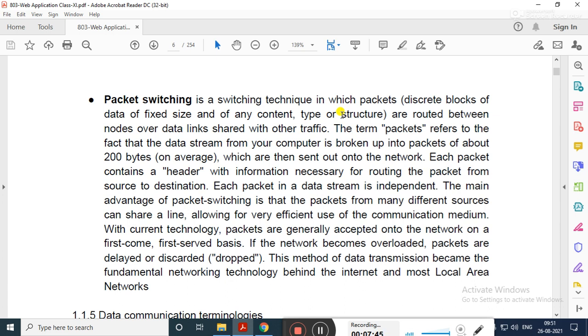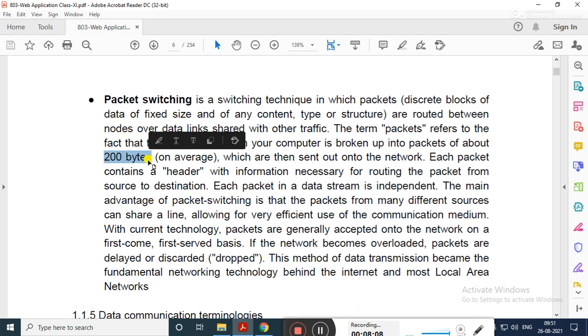The term packets refers to the fact that the data stream from your computer is broken up into packets of about 200 bytes on average. So when you send a large amount of data, it will be broken down into packets of max 200 bytes. Suppose your data is 1024 bytes.